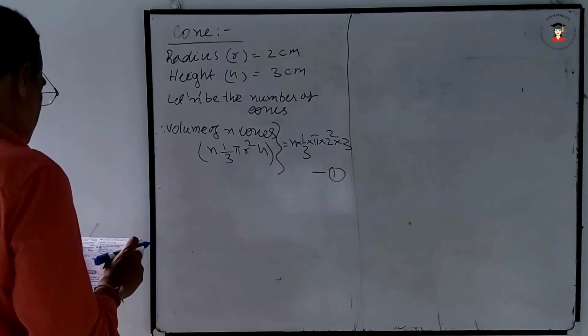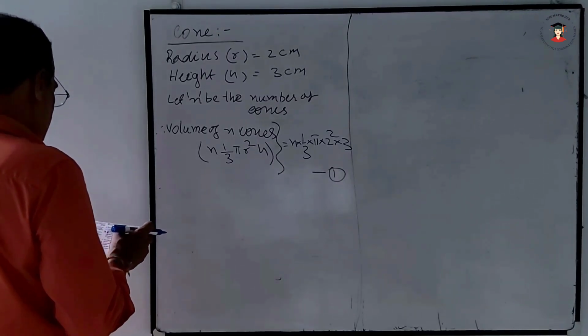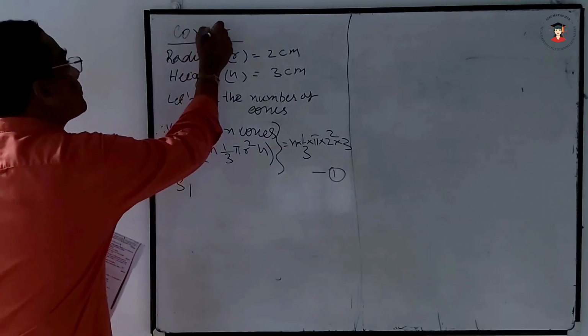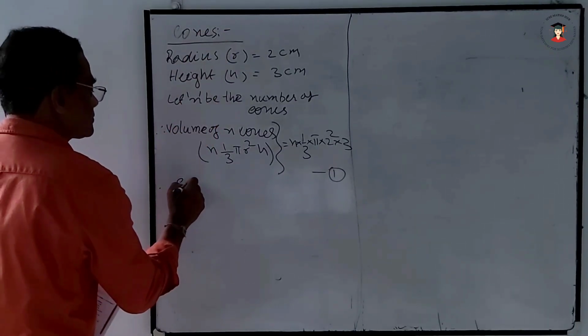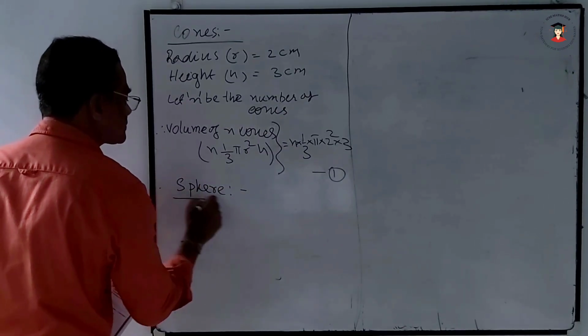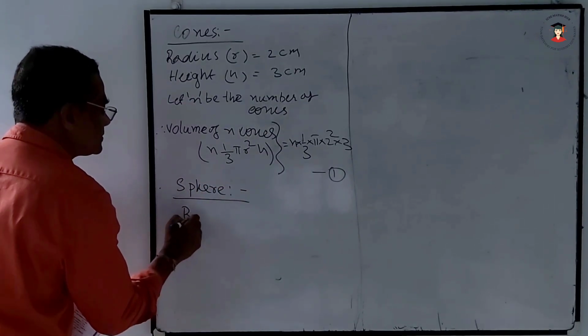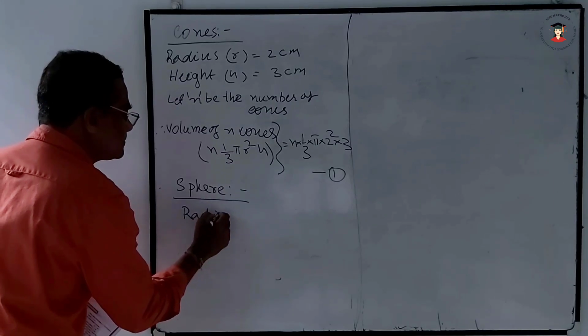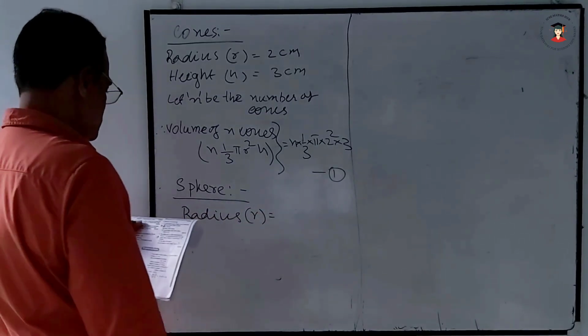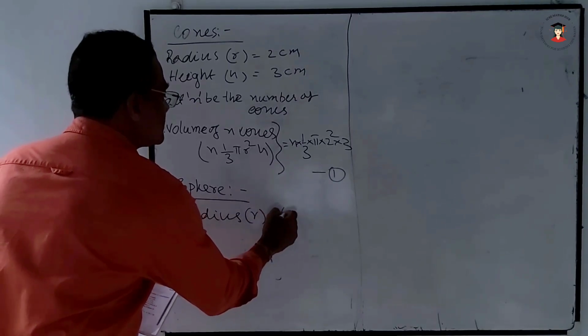These cones are melted and recast into a sphere. Radius r equal to 6 centimeter.